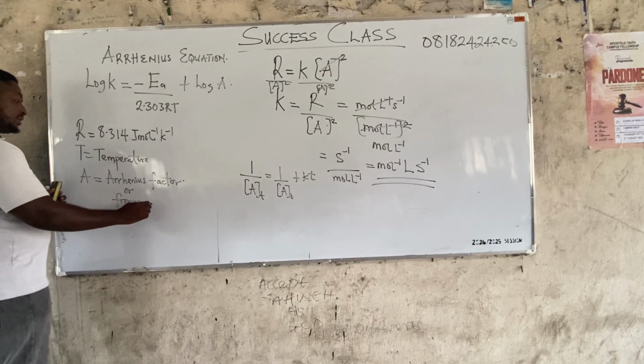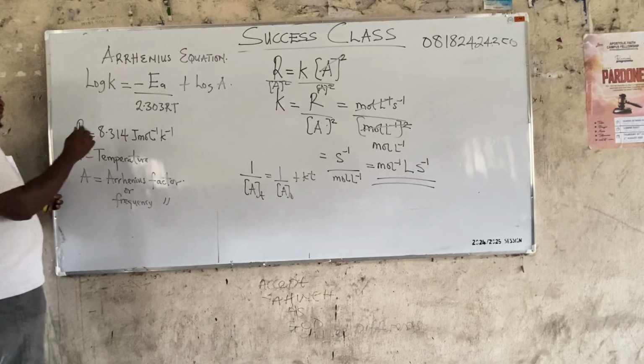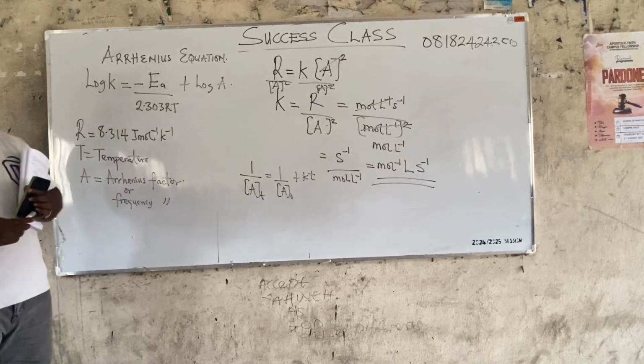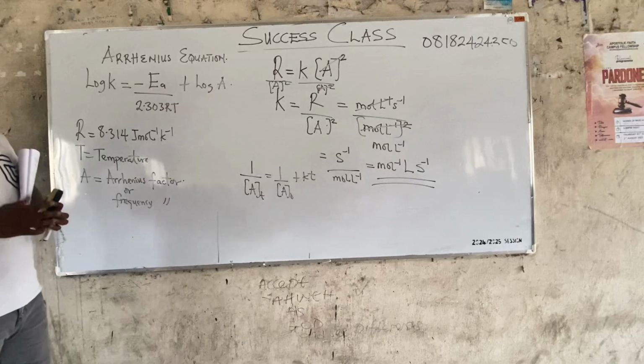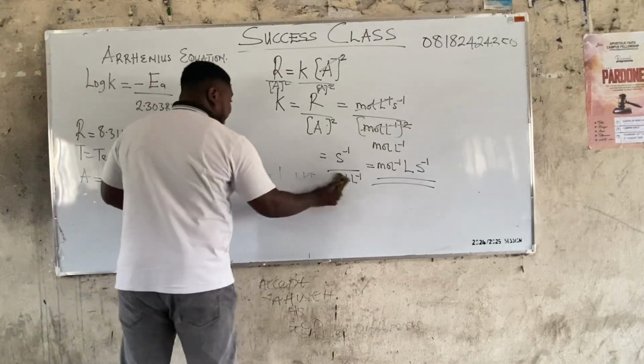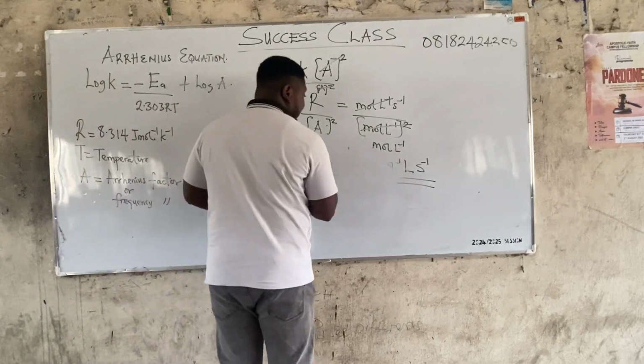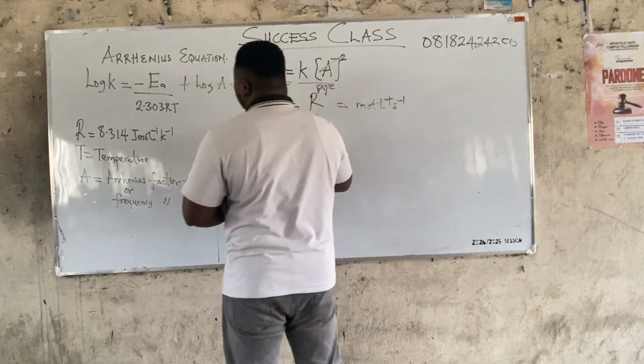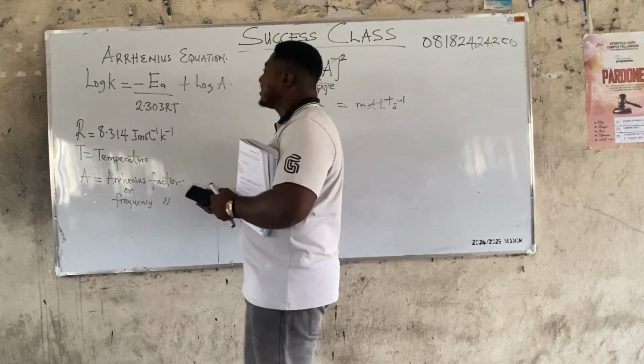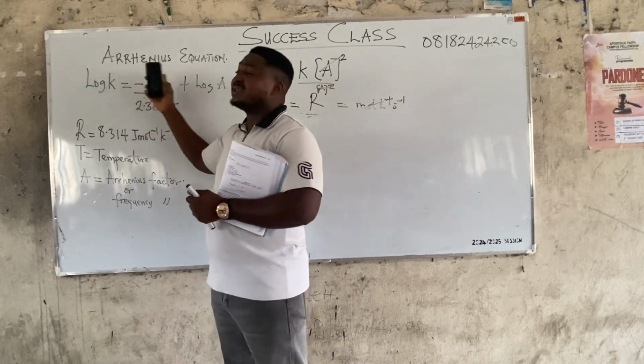For class, this Arrhenius equation has a modification, and it's that one that is usually asked. But you could be asked to write out the mathematical expression for the Arrhenius equation. This is it.